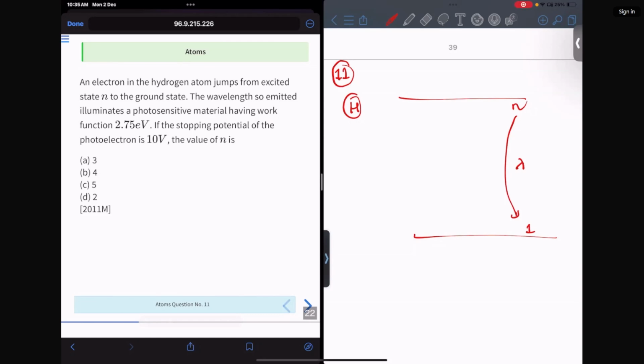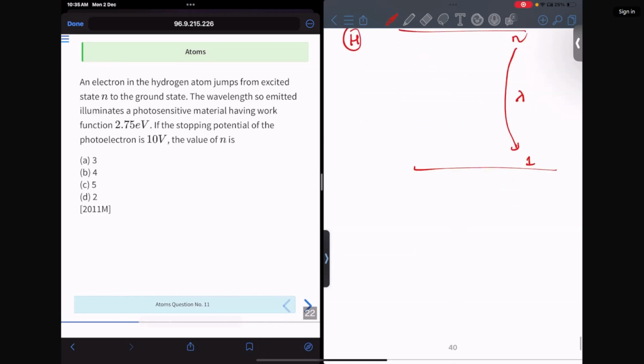Okay, so to solve this question, if an electron is coming from N to 1, the energy is h upon lambda. This h upon lambda will be equal to the work function psi plus the stopping potential of the photoelectron, psi naught.